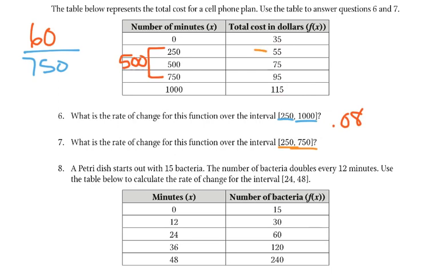It would then be 55 to 95, which would be 40. So I'd go 40 over 500, and then we reduce that. And it also gives us 0.08. Okay, which probably tells us this has a constant rate, which means it's probably linear.